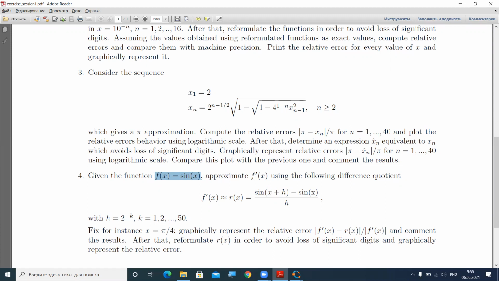Okay, now I understand. That's why we just use it instead of the f derivative. Here you can see the formula: f derivative of x minus R. Then you just substitute f derivative is cosine. This is just the exact value for the derivative. Exact value minus approximated value. Any other questions? No, thank you, Professor.